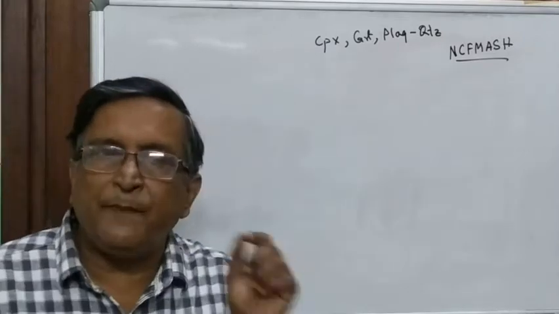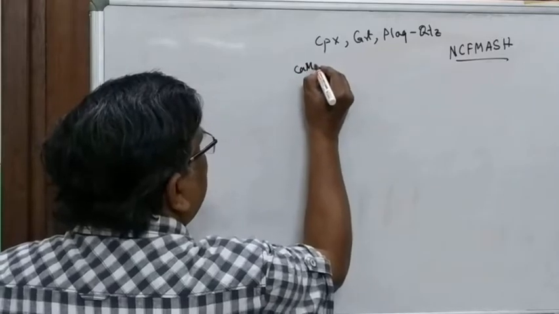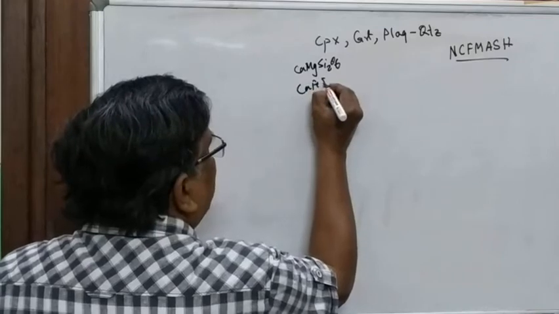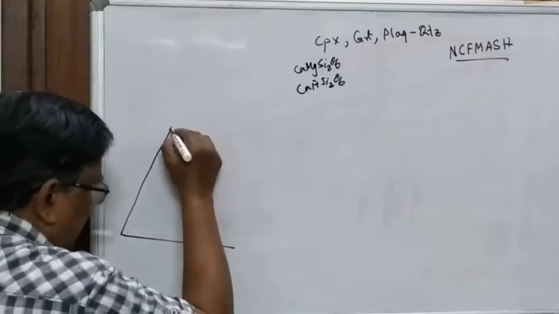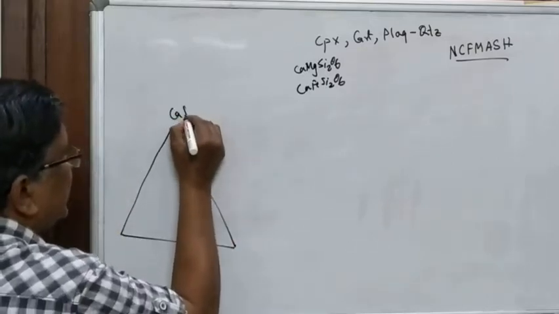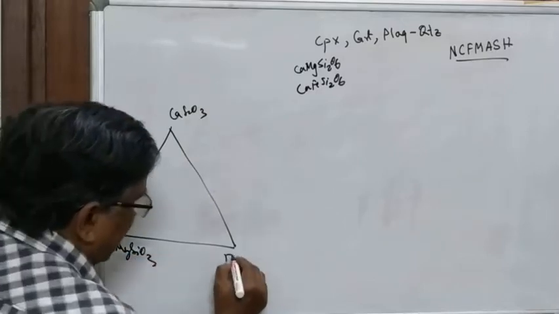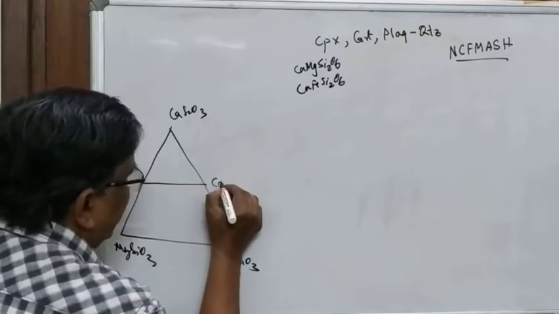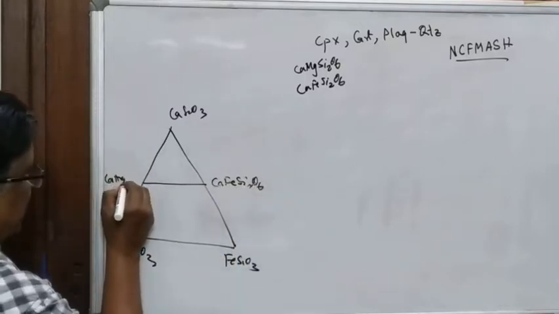Let's do it stepwise. Let's say that clinopyroxene is binary between CaMgSi2O6 and CaFeSi2O6. Once again, I draw the pyroxene quadrilateral: CaSiO3, MgSiO3, and FeSiO3, and this is CaFeSi2O6, and this is CaMgSi2O6.